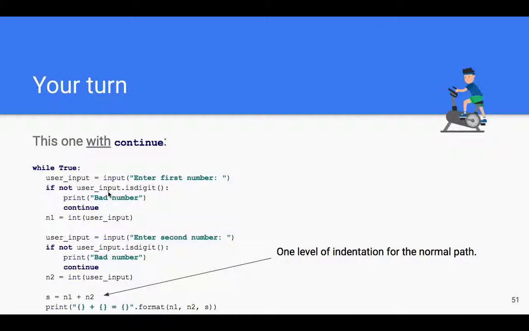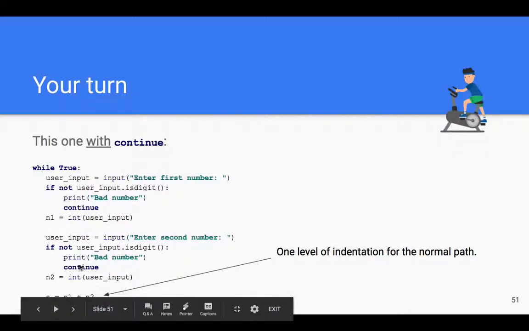And if that number is a digit, we move on to ask for the second number. And for the second number, if it's not a digit, we continue, meaning skip the rest again, and go back to the beginning to ask for the first number.